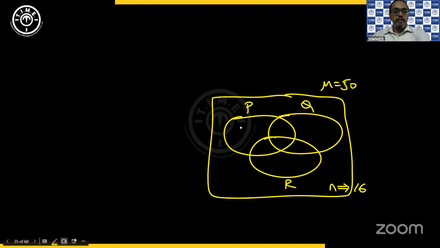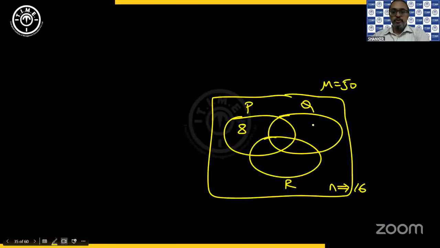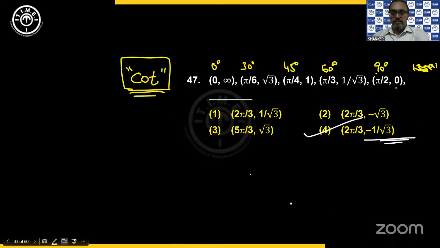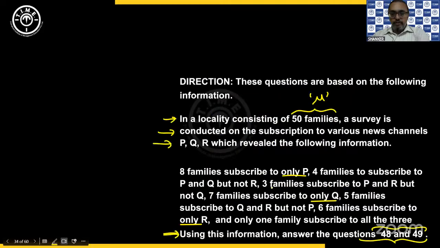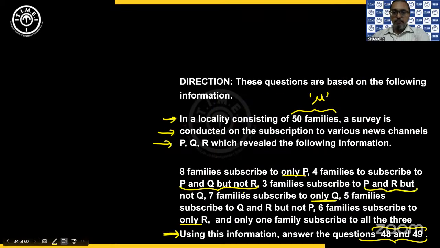Then only P is 8, only Q is 7, and only R is 6. Then P and Q but not R is given as 4. Then P and R but not Q is given as 3. Then we have Q and R but not P, that is 5.